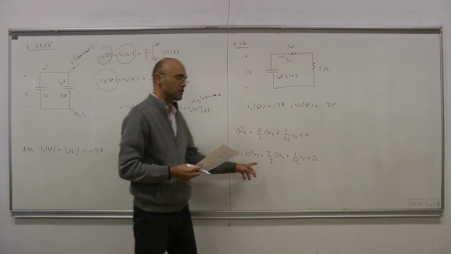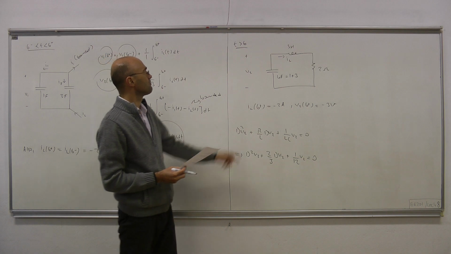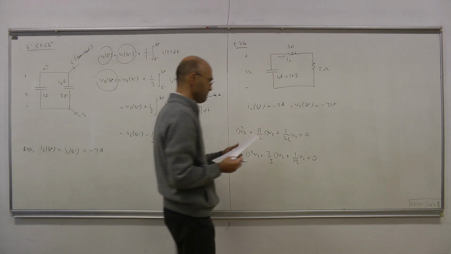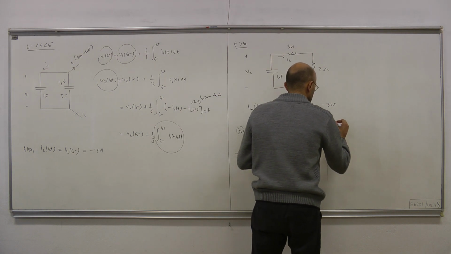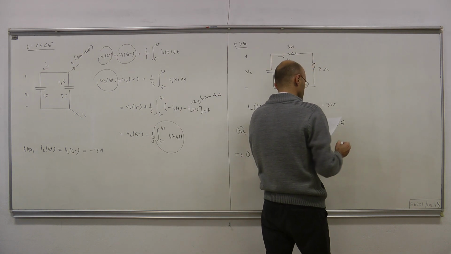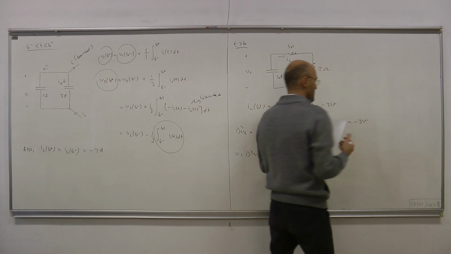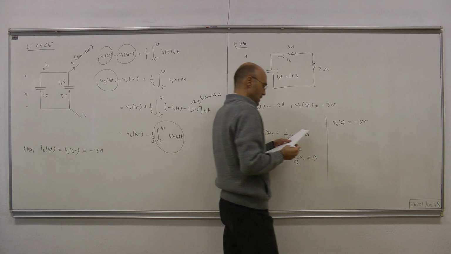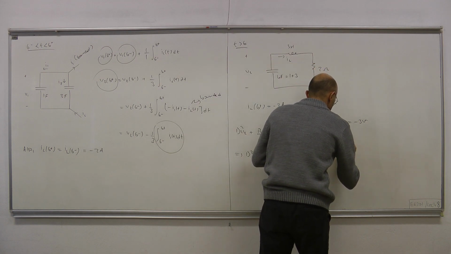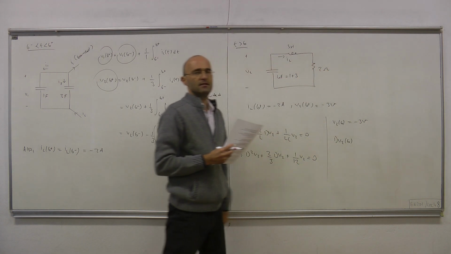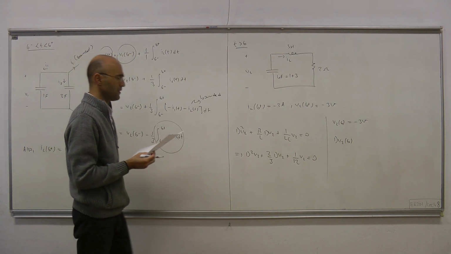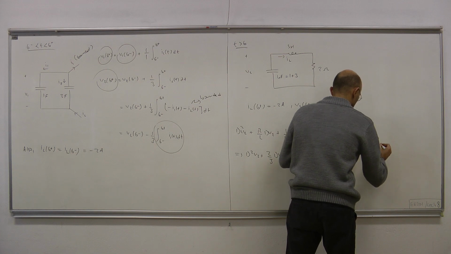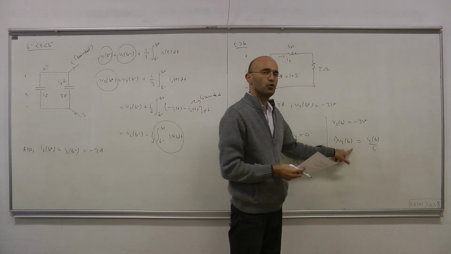Okay, we need the initial conditions, that is V2 at 6 plus and dV2 at 6 plus. Okay, so V2 at 6 is minus 3 volts, so that's what we computed. And dV2 at time 6 seconds equals what? IC at 6 over 4 by terminal equation.